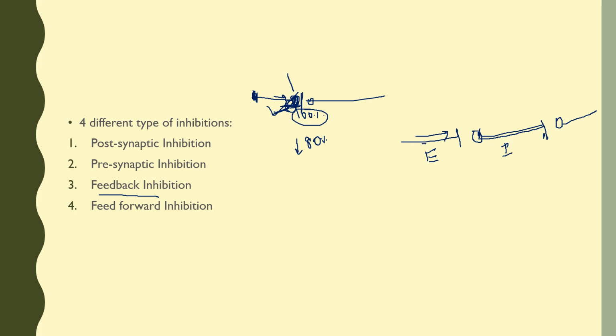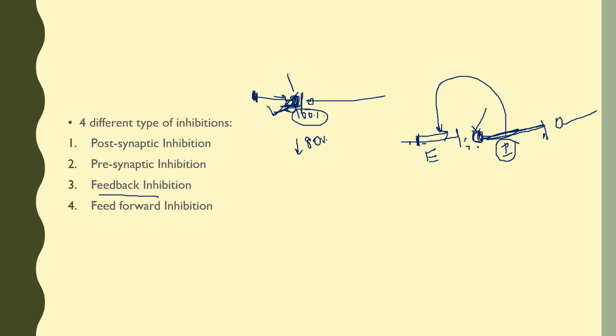When we provide a stimulus to this presynaptic neuron, it will release the excitatory neurotransmitter, and that will depolarize this postsynaptic neuron. Upon depolarization, it is supposed to release neurotransmitter. What kind will it release? Inhibitory, right? If this postsynaptic neuron has a branch that connects with the presynaptic neuron, what will happen?